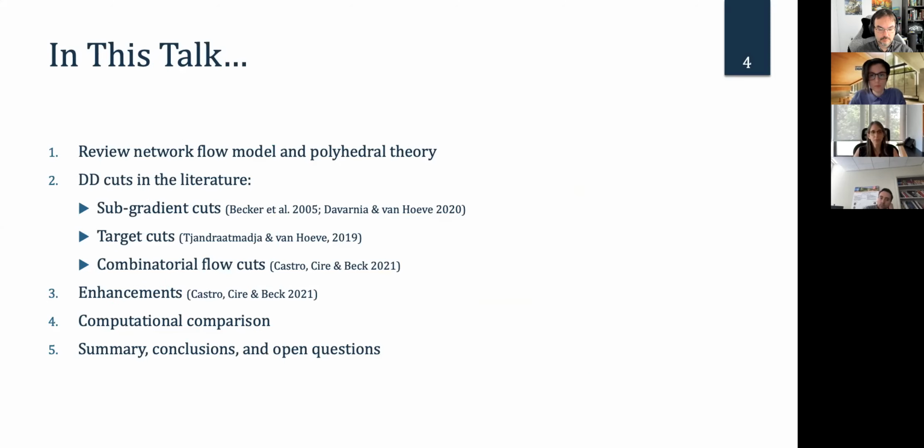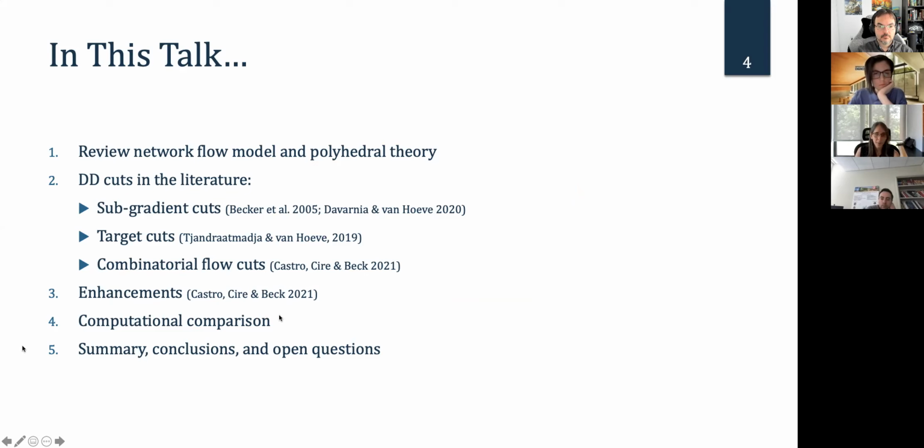So just to give a brief overview of what we're going to see today, we're going to review this network flow model and a little bit of polyhedral theory, because it's kind of like the main foundation for all our techniques. Then we're going to review some of the DD cuts in the literature, starting from the oldest to the newest ones: the subgradient cuts, target cuts, and then combinatorial flow cuts.